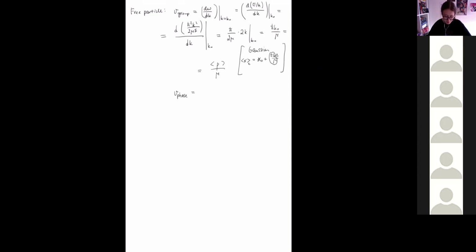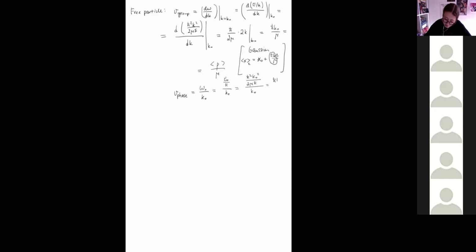Now let us look at the phase velocity. The phase velocity is just what we identified as omega 0 over k0. And omega 0 is E0 over h bar, so we get h bar squared k0 squared over 2 mu h bar, over k0.